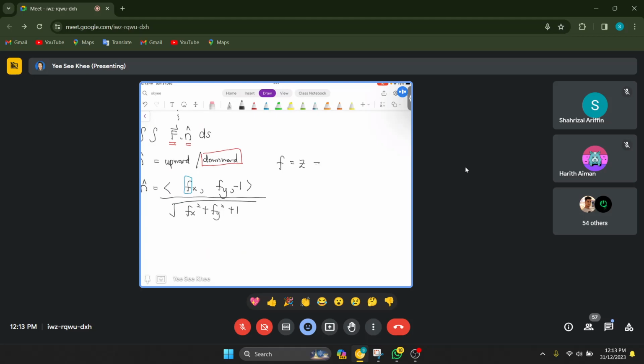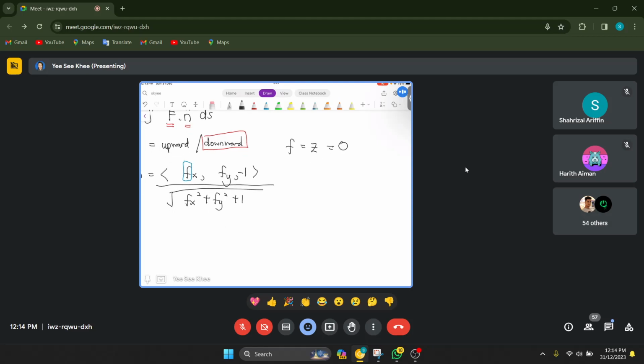z equals to 0. When z equals 0, it means that fx is 0 and fy is also 0. So these two are 0, and you just left this negative 1.